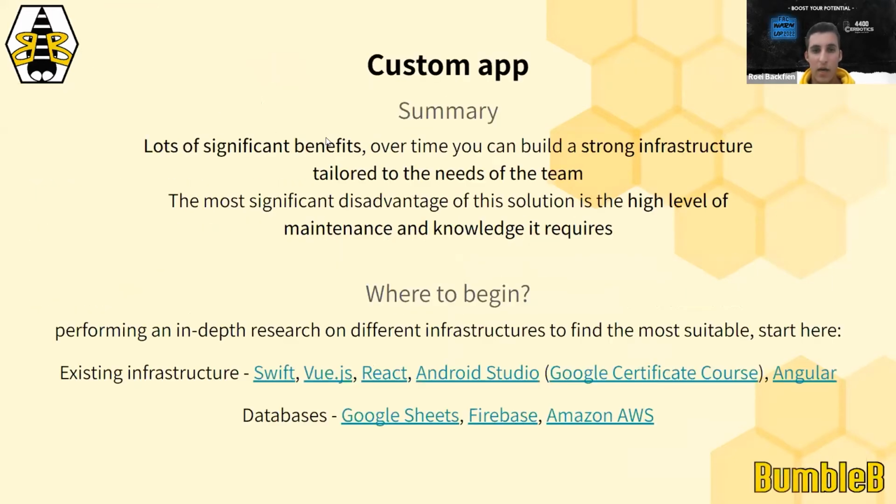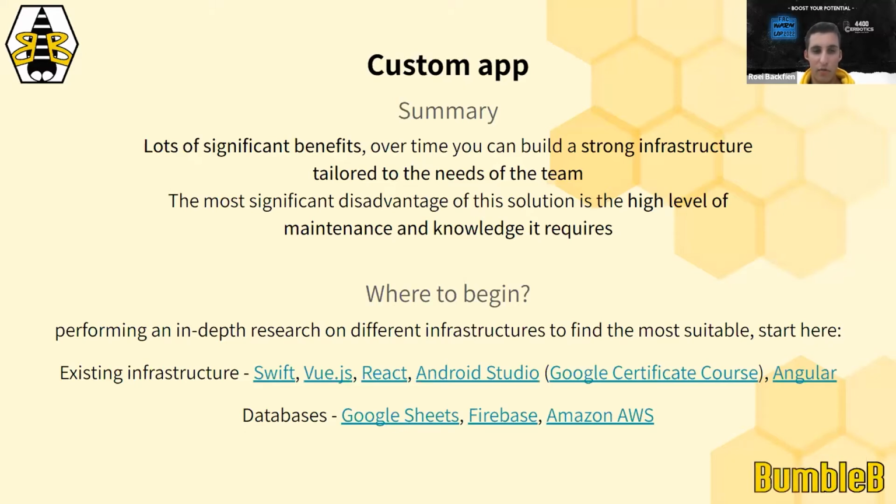Where to begin with building your app yourself? First, you'll need to perform an in-depth research on different infrastructure to find the most suitable for you. You can start here. We have here a list of existing infrastructures. We have Swift, Vue.js, React, Android Studio, Angular, a lot of infrastructures.